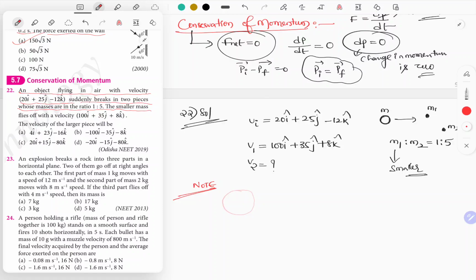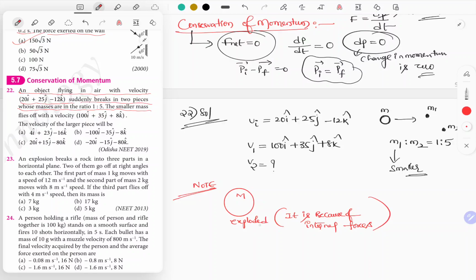Explosion is because of internal forces. Let's say a block of mass m is exploded. It is because of internal forces.